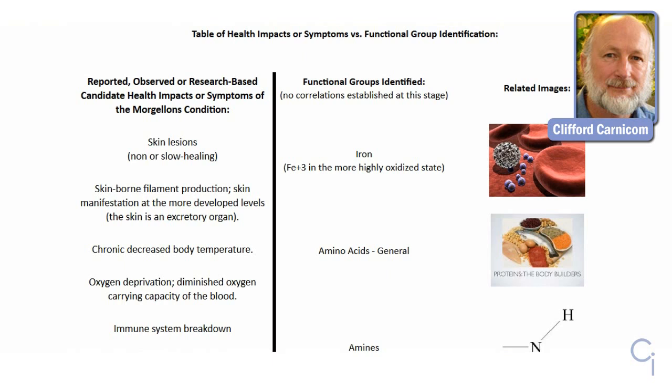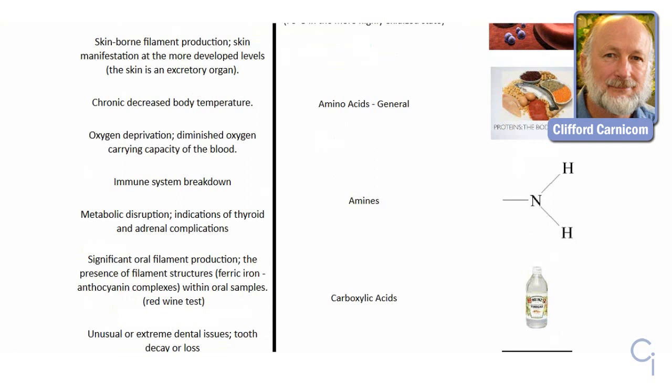I'll have some subtitles there sometimes, and this one says the skin is an excretory organ. Next, chronic decreased body temperature. Next, oxygen deprivation, diminished oxygen carrying capacity of the blood. Next, immune system breakdown. Some of these are huge in terms of their overall significance. That's a loaded phrase.